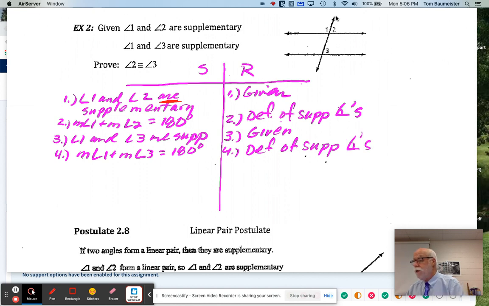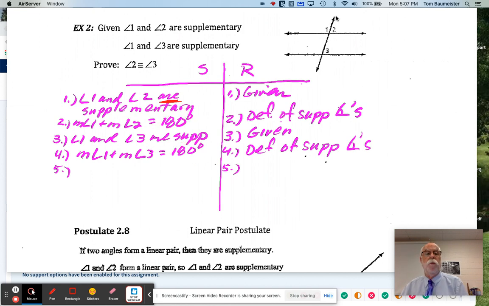All right, now I just wanted to go ahead and show you that because we can then say, since they both equal 180 degrees, all right, they both equal 180 degrees, right?